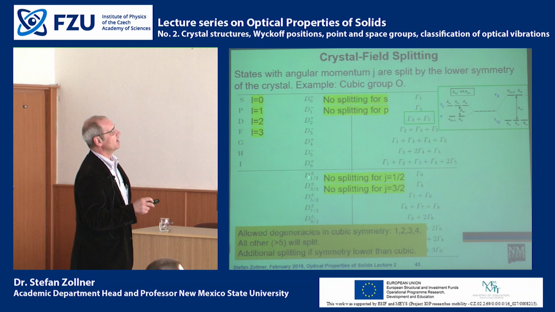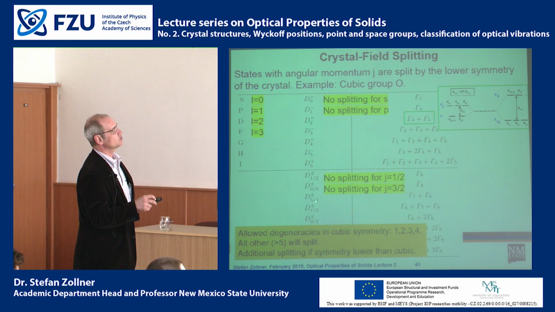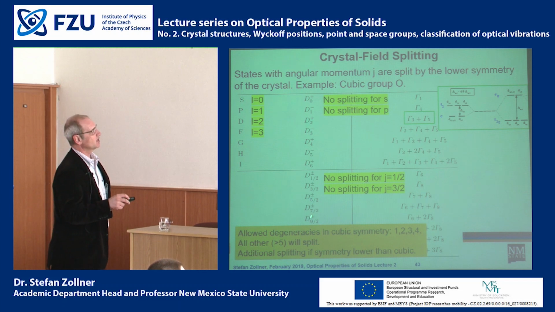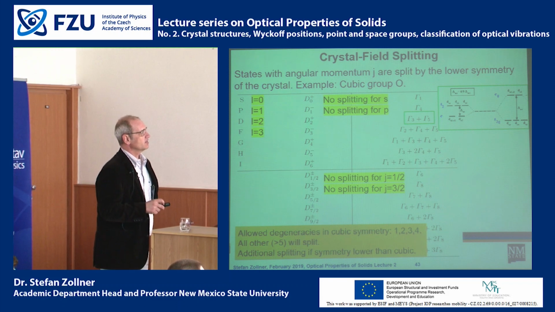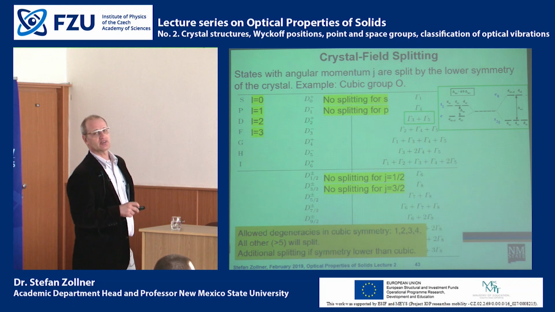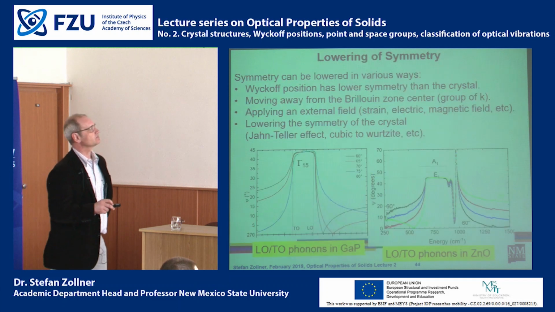And then I can do the same for the extra representations with a spin. And in a cubic system, spin 1/2 and spin 3/2, those will not usually split, but the states with higher angular momenta, they have to split into multiple irreducible representations. So the only allowed degeneracies that we can have in a cubic symmetry is 1, 2, 3, and 4. We cannot have 5-fold degeneracies or even higher degeneracies.